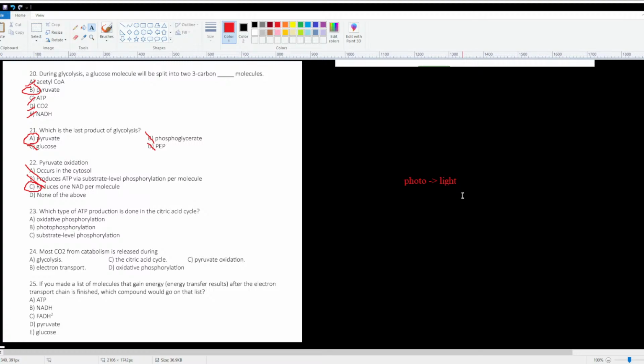I think that's Greek. Anyway, photo means light. So what is the only process that we've learned about that requires light? Photosynthesis. So with photophosphorylation, ATP needs to be phosphorylated through light. So that wouldn't be in the citric acid cycle. So the citric acid cycle would be substrate level phosphorylation.